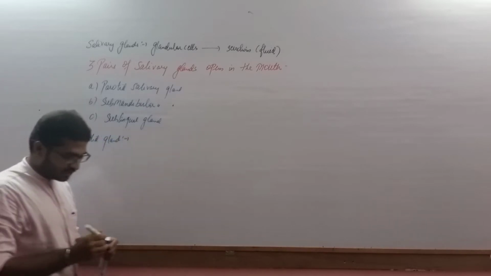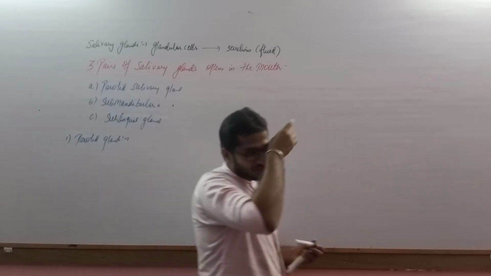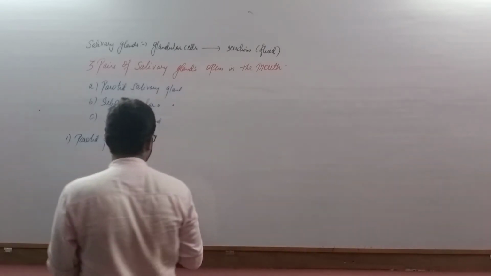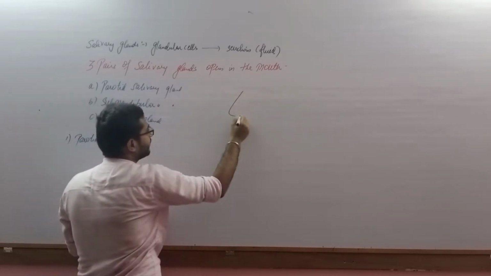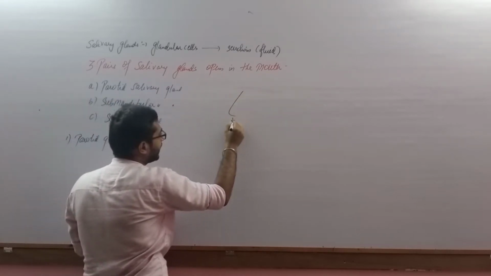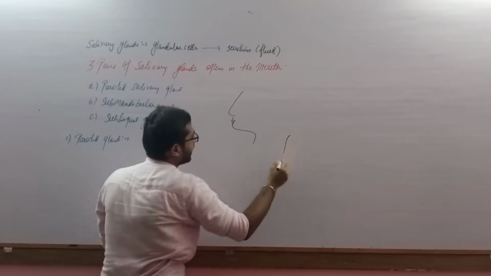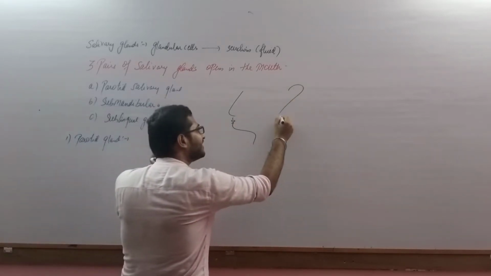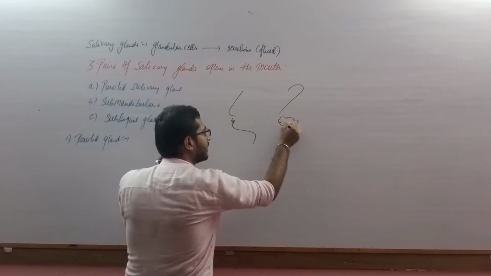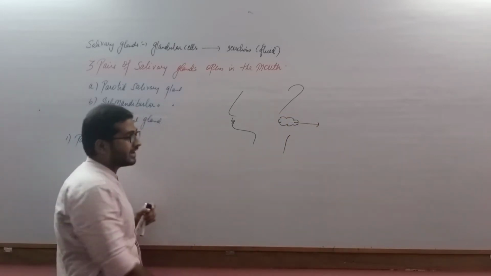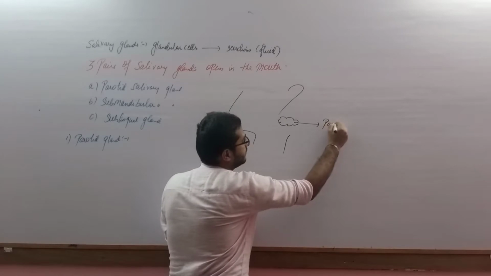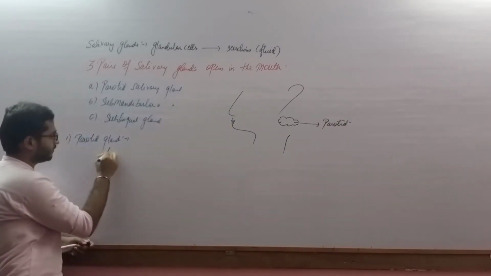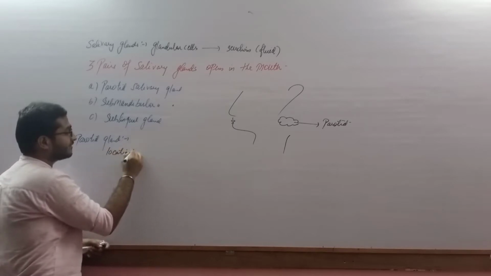So first of all, location. Parotid gland is located beneath the earlobe. That means if this is the mouth parts and this is our external ear, then beneath this external ear this gland is located, and the name of the gland is parotid gland.